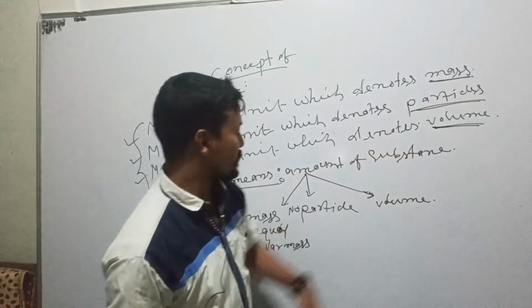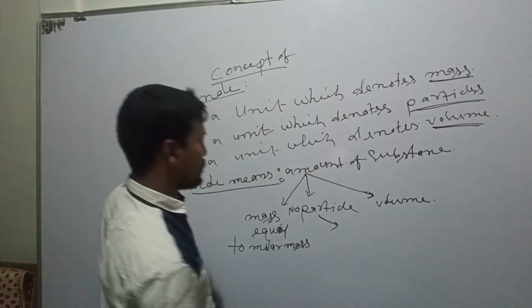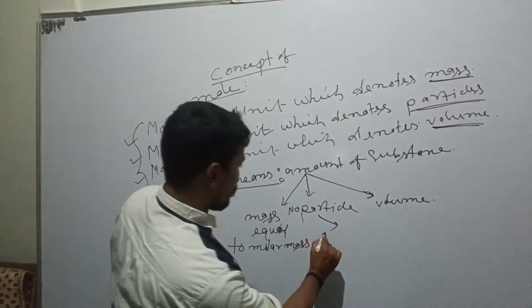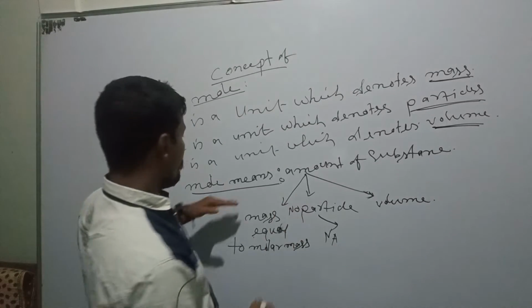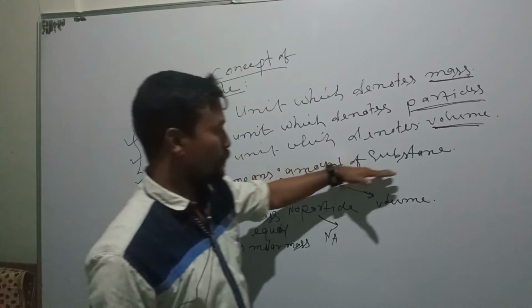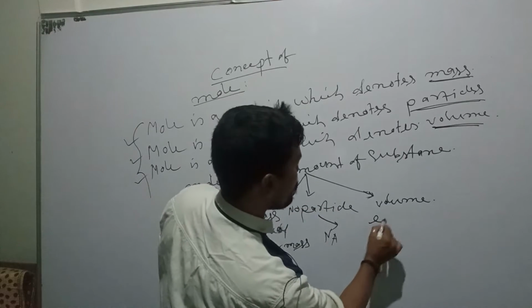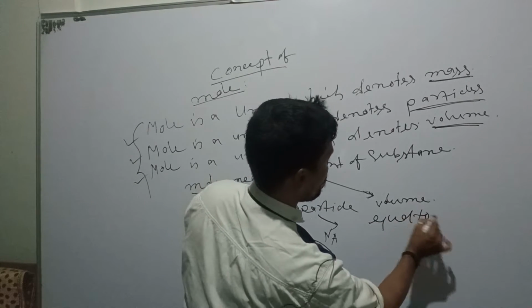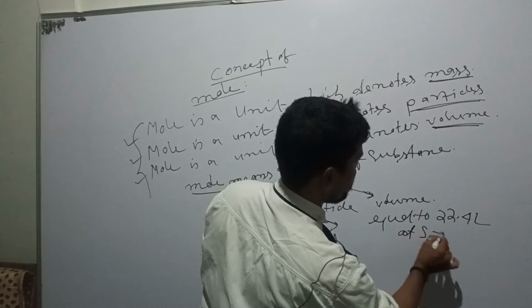This amount of substance measured in number of particles is the Avogadro number. Mole is a unit which denotes amount of substance which is measured in volume and which is equal to 22.4 liter at STP.